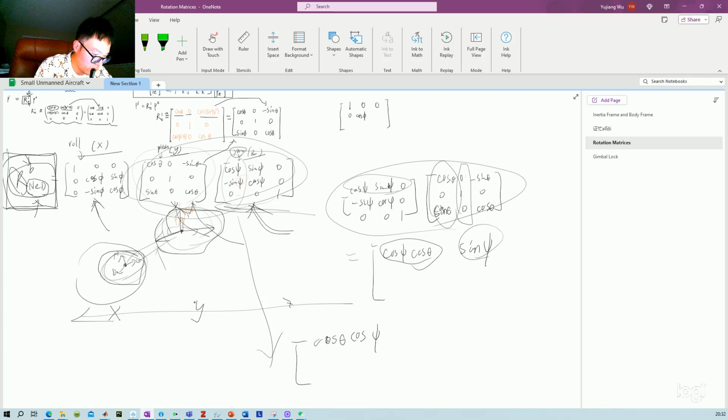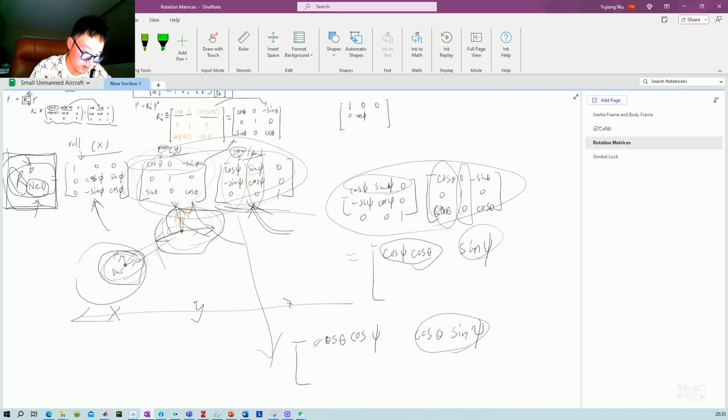What about here? Here, your second column multiplied by the first row gives you cosine theta and sine phi, right? And then 0, 0.